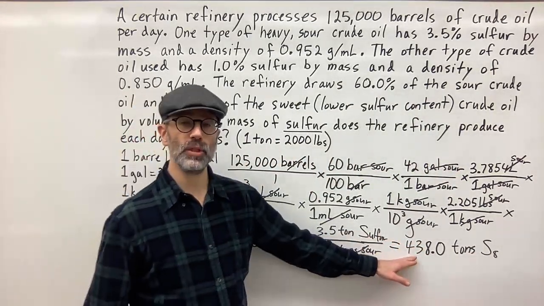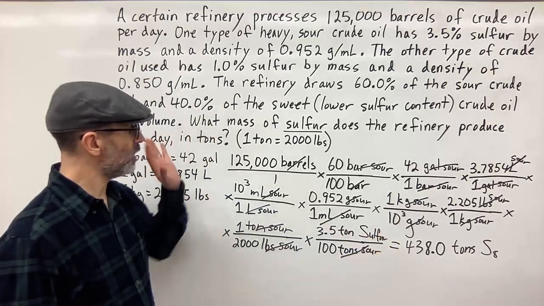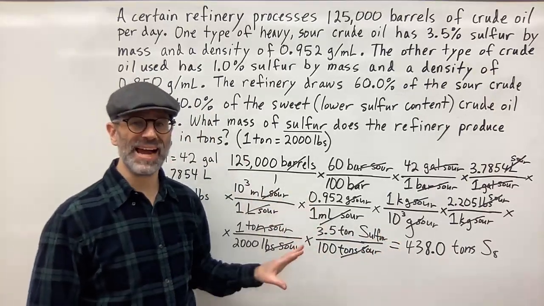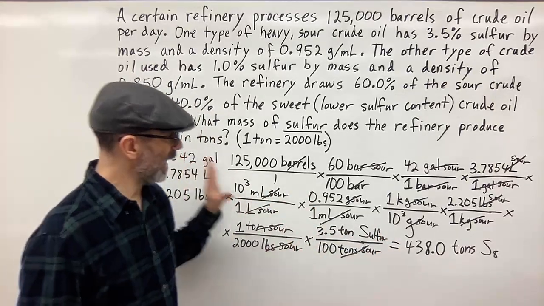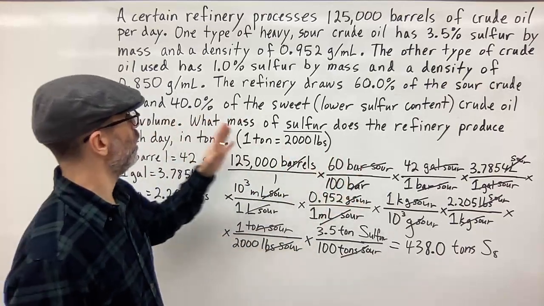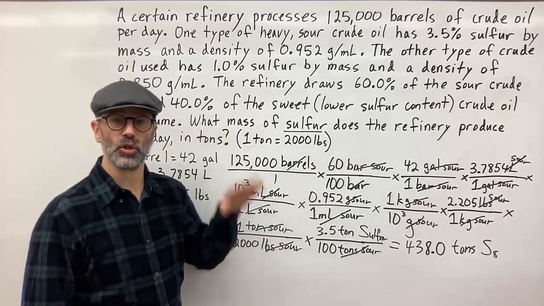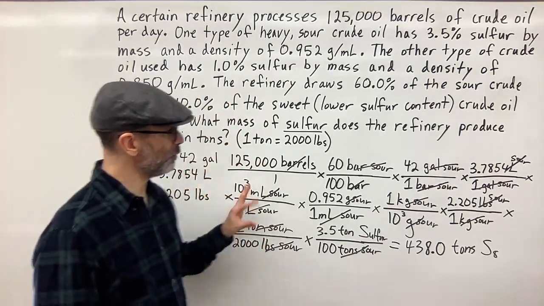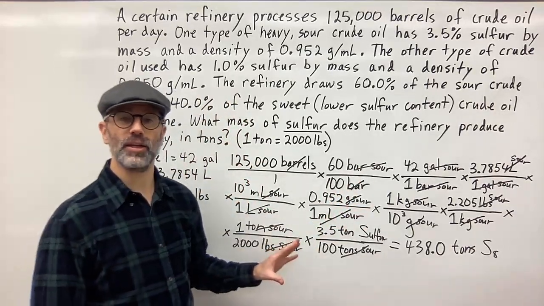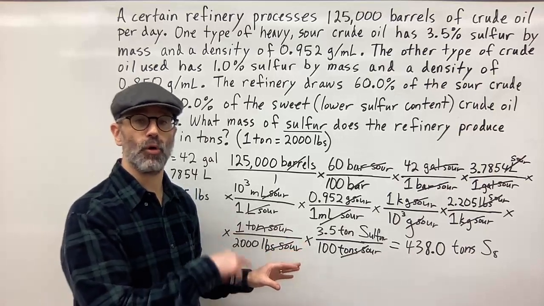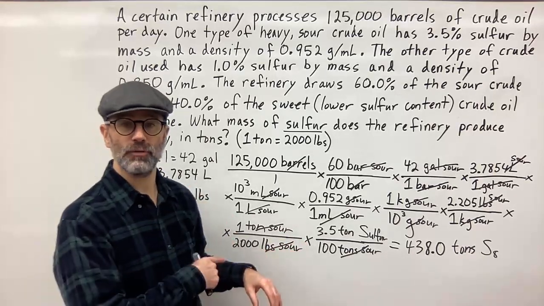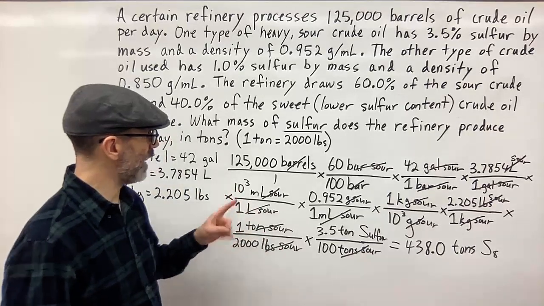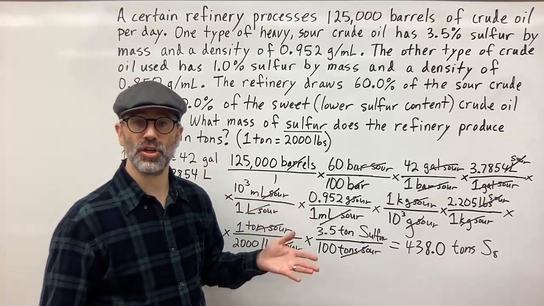Now, this is only for the sour. Now we have to do the exact same calculations for the sweeter or low sulfur content crude oil. The only difference in the series of calculations for the sweet that we did for the sour is that the percentages are different.